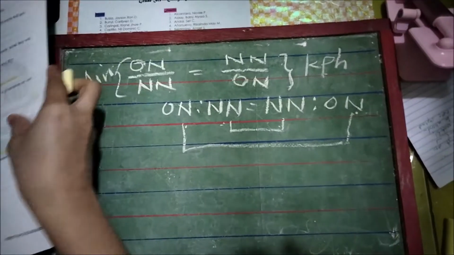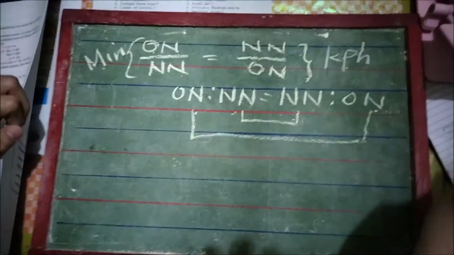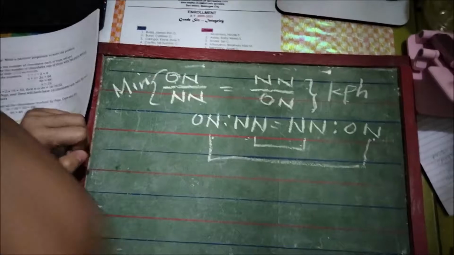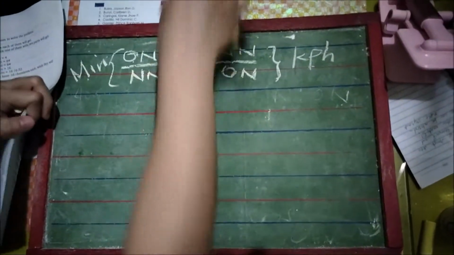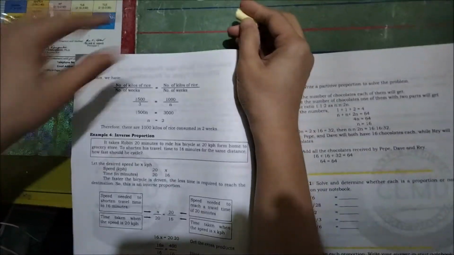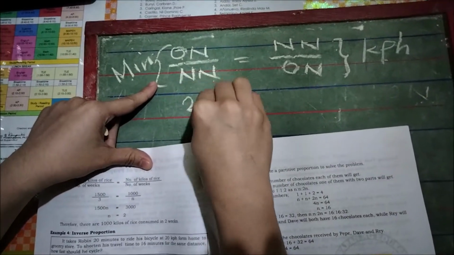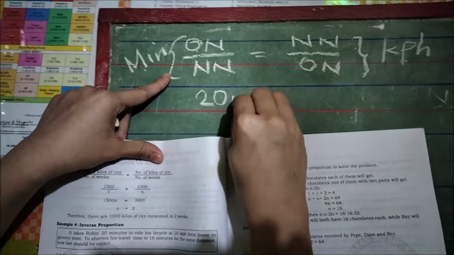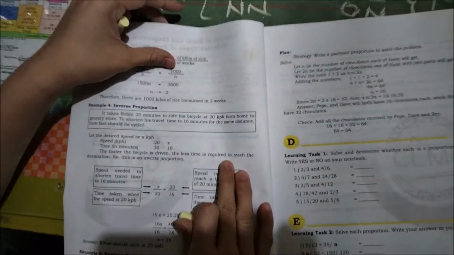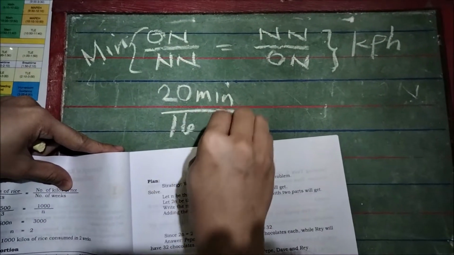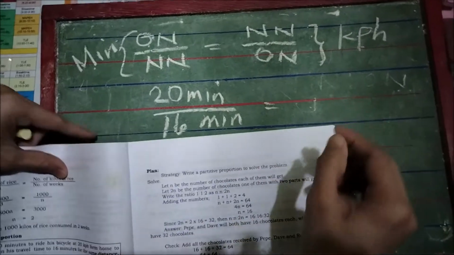So let us solve our problem. Let us use the fraction form. So I will just erase this one. Our original minutes based from our problem is 20 minutes. So we have here 20 minutes over new minutes is 16 minutes equals the new kilometer per hour.